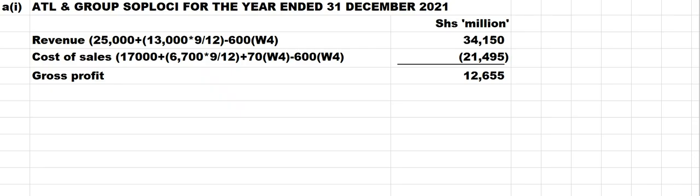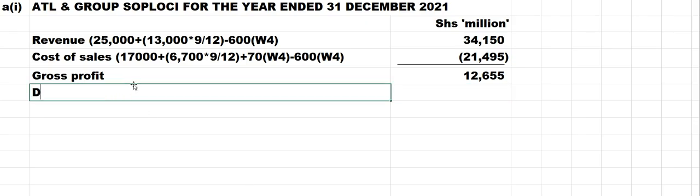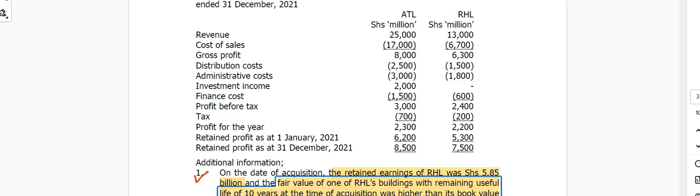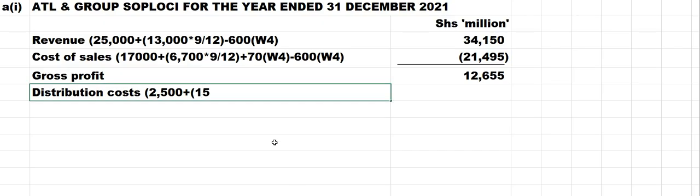Next is distribution costs. The parent is how much? 2,500. Then plus the sub. The sub is 1,500 times 9 out of 12. No adjustment to make.